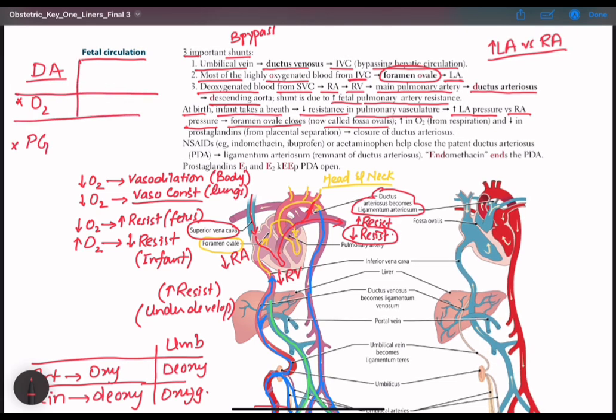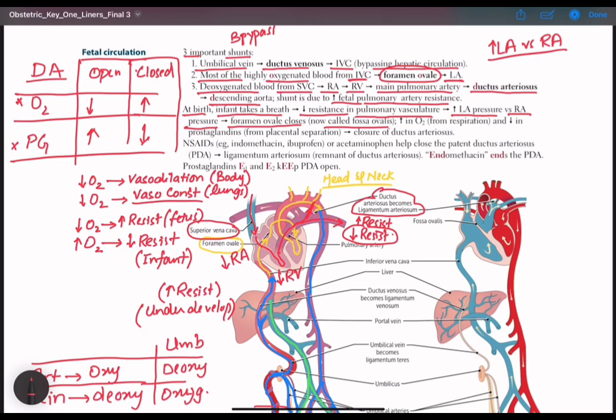If you want to keep ductus arteriosus open, we have to keep the O2 content low while the concentration of prostaglandins high. While if you want to keep ductus arteriosus closed, we have to keep the O2 concentration high and the concentration of prostaglandins low.